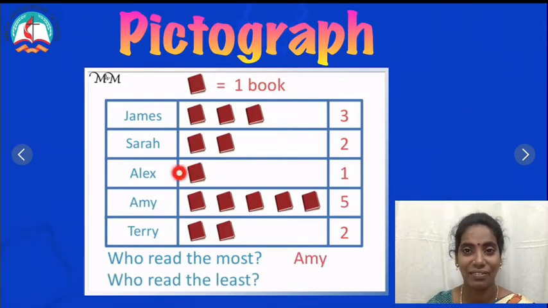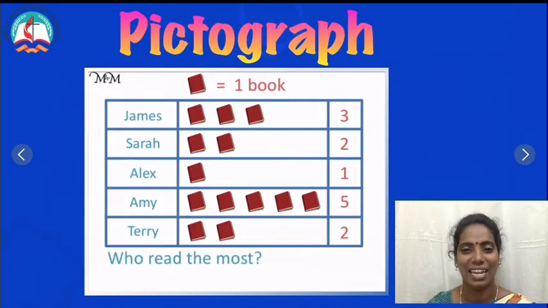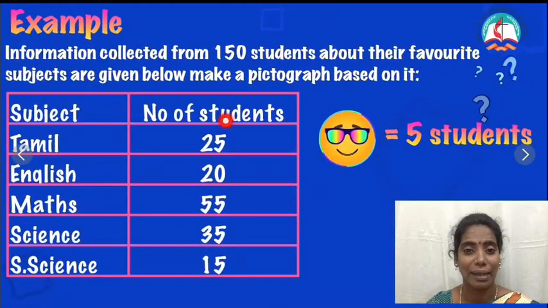Shall we see another example briefly now? Are you ready? Yes. Now, for example, information collected from 150 students about their favorite subjects is given below. Make a pictograph based on it. So the question is given.